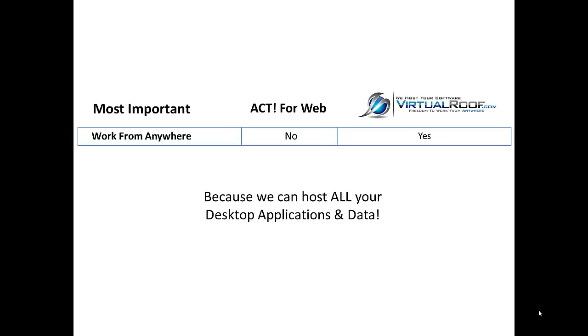Now, maybe you've got Microsoft 365 and maybe you've got QuickBooks Online, and now you've got 3 separate solutions that are not linked together from 3 separate providers. We host all of those applications, and we host the full desktop versions of those applications, so you're not compromising on any functionality or features.